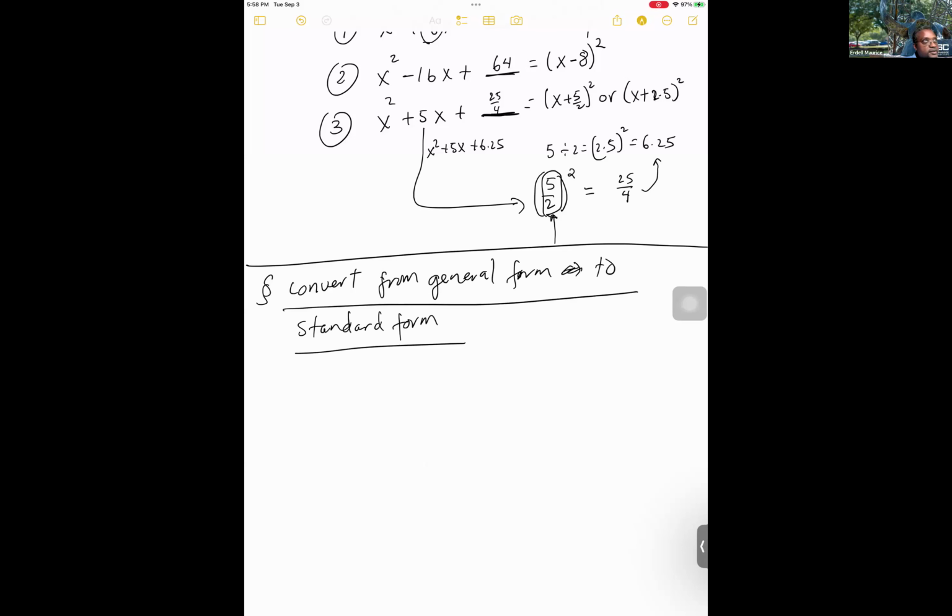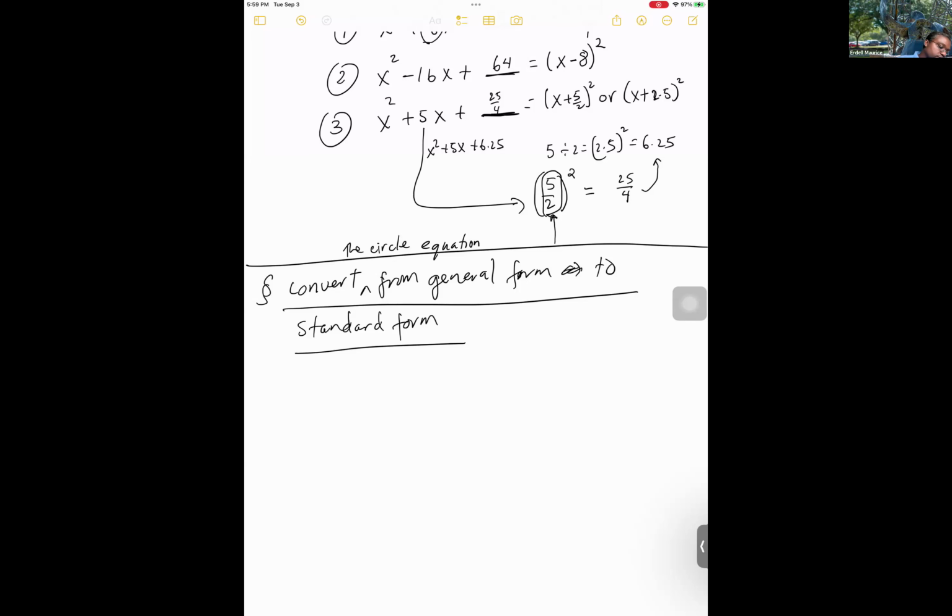I guess I should say convert the circle equation from general form to standard form.